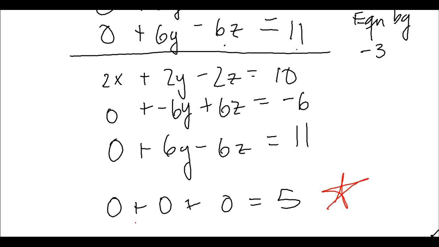Okay, but what does this mean? 5 equals 0? So try to think about what this means for our system of linear equations. I'll leave off with that. Maybe put in the comments what you think it means to have this 0 equals 5.